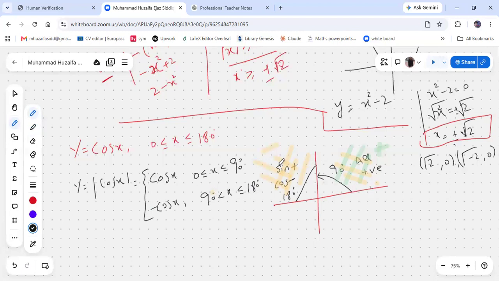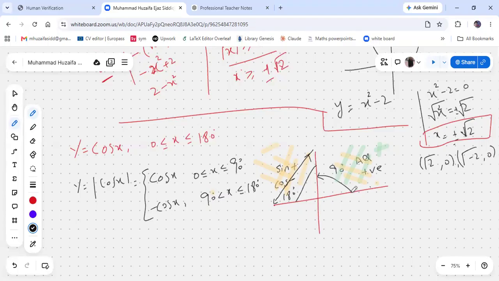So I'm writing 90 is less than x, less than or equal to 180. When our function is from 90 to 180, here our function is negative. Is there any confusion?